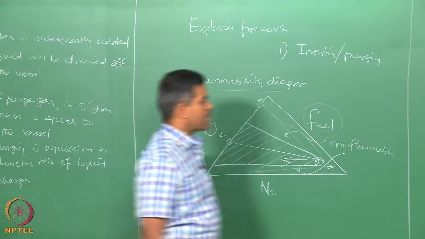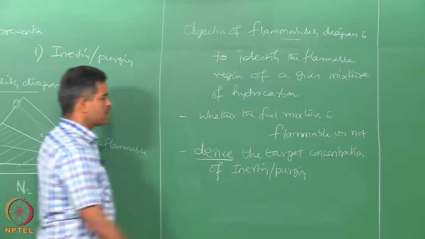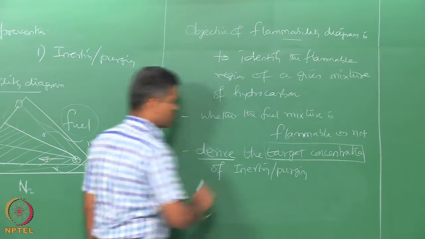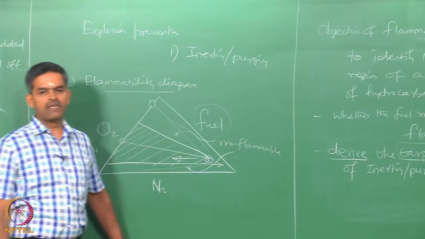So, the flammability diagram can be used to derive the target concentration at which you must do the purging. As we just studied, purging essentially uses nitrogen.